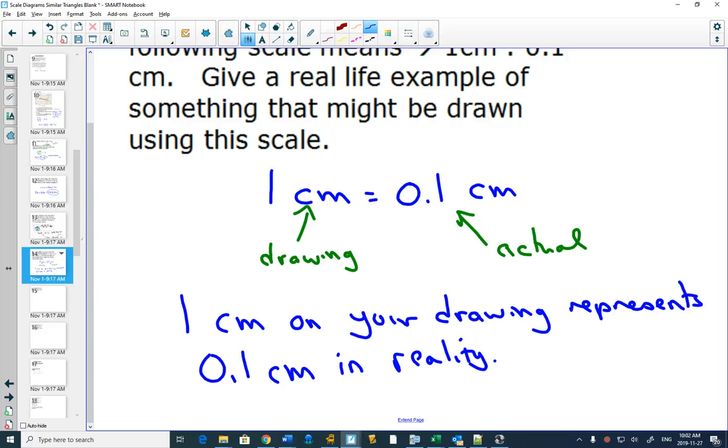So I want you to think, now, does this mean that your drawing is smaller than the reality or bigger than the reality? If 1 centimeter on your drawing represents 0.1 centimeters in reality, is the drawing an enlargement or is the drawing a reduction?